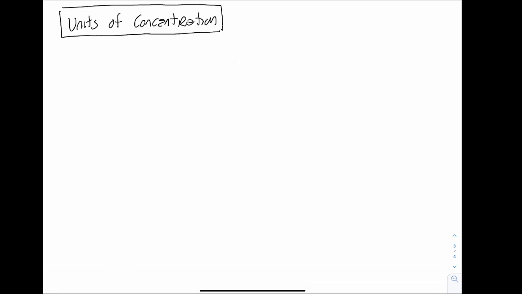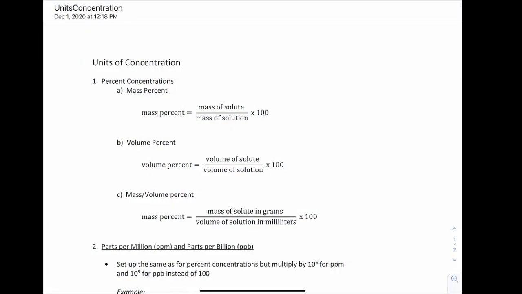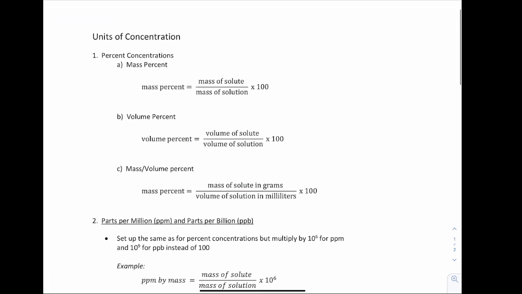It's the number of moles of my component per total number of moles, so how much of one is in the total. I do have a handout that I have posted on Canvas for you, that has the units of concentration we're going to be covering. So percent concentrations, and we're going to look at these in terms of mass, in terms of volume, and then mass volume.